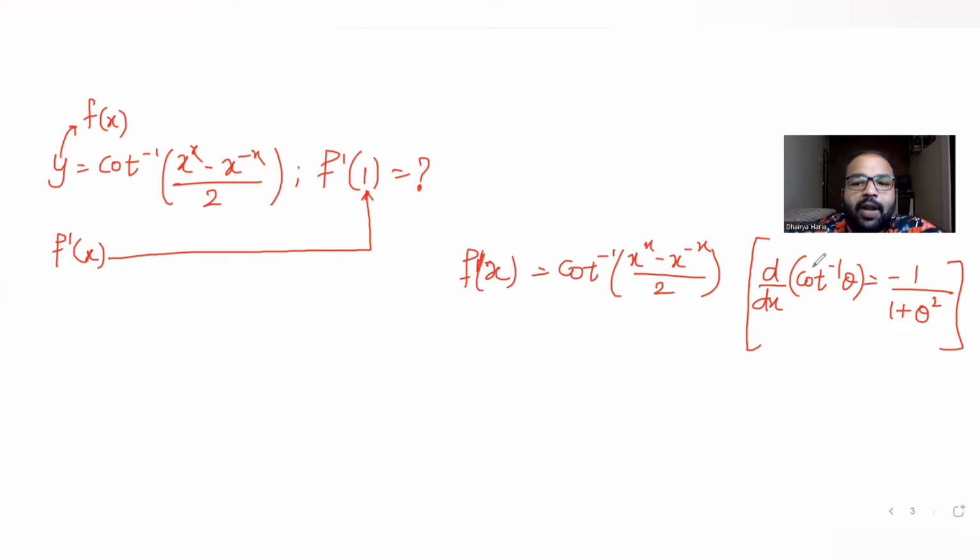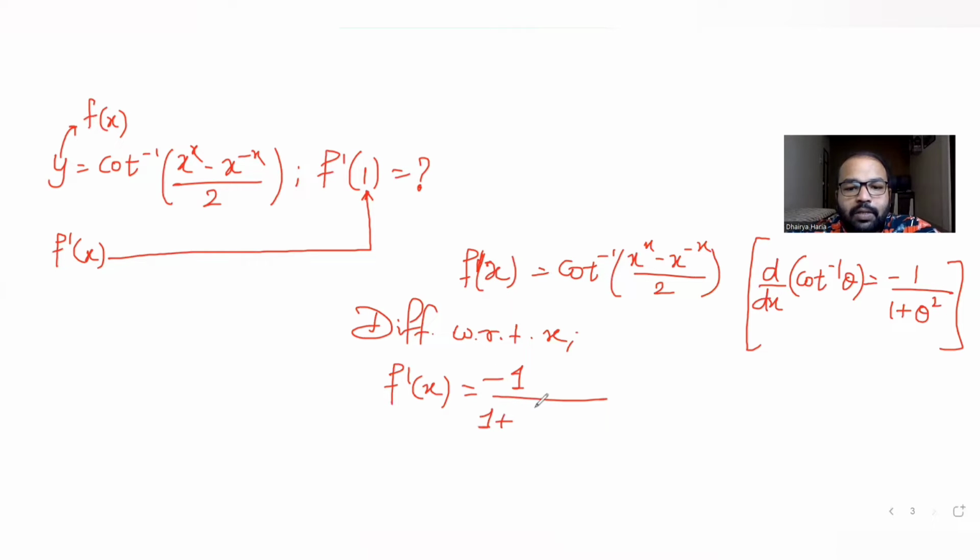Applying the same idea here, if I differentiate the given function with respect to x, what I get as f'(x) is equal to -1 upon 1 plus ((x^x - x^(-x))/2) the whole square.